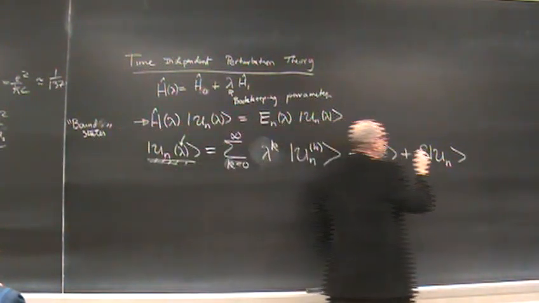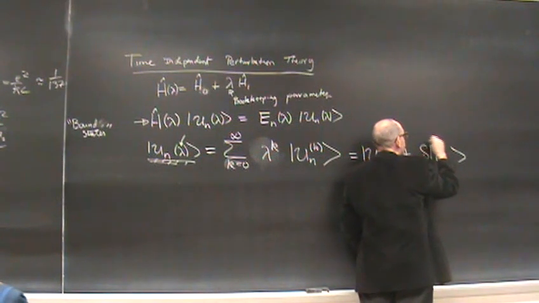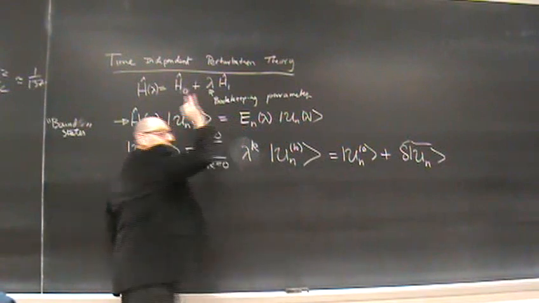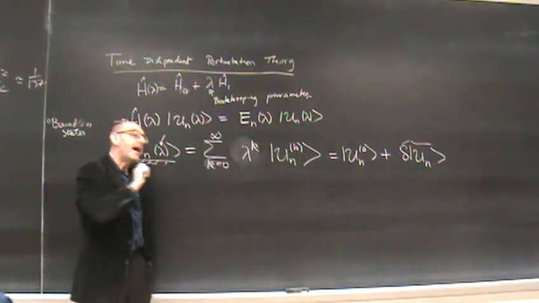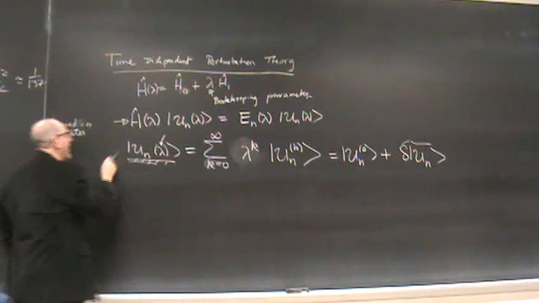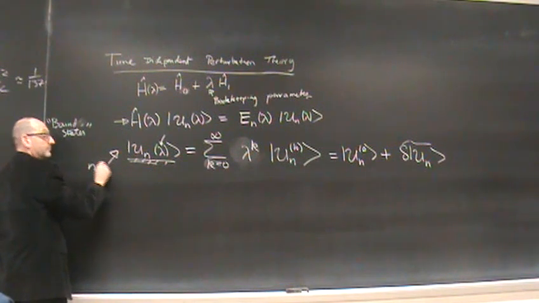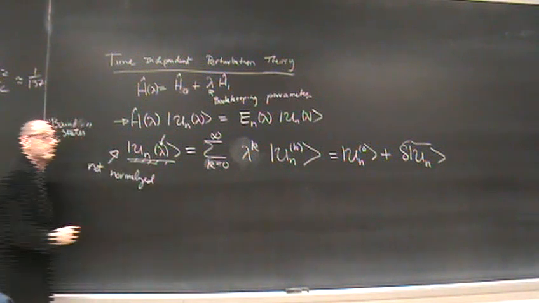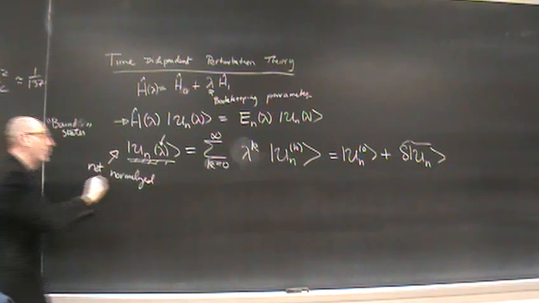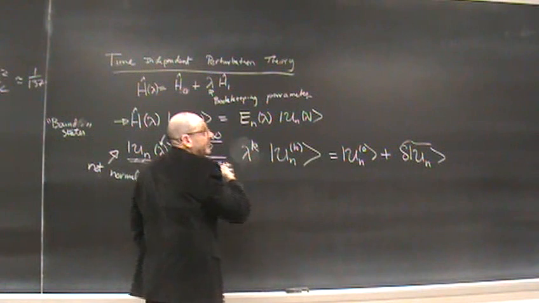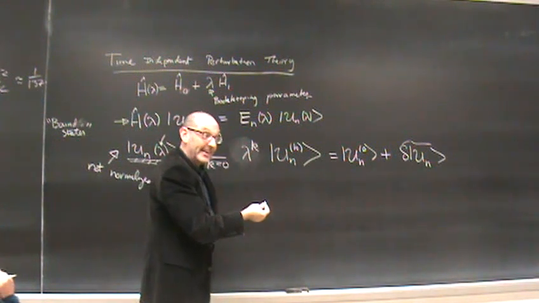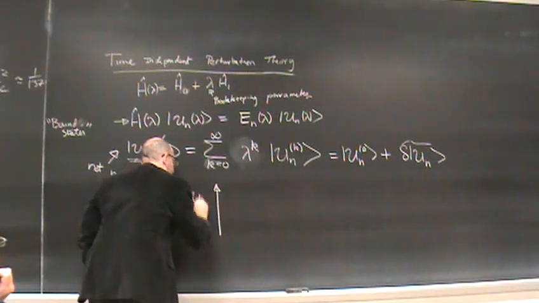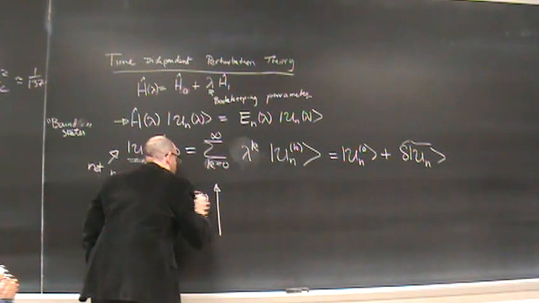Where this is everything, the sum, from k equals 1 to infinity, all right? Now, the way I've written this is not normalized. Okay? So what I'm saying here, and of course then I renormalize at the end of the day, is think about it as a vector. Here's the vector, the zeroth order solution.